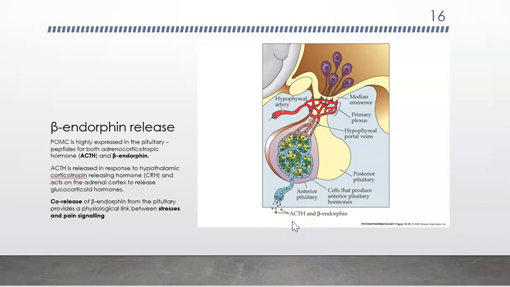So the co-release of beta endorphin from the pituitary provides a physiological link between stress and pain signaling, okay? Because if one's released, the other's also released. So this is a great starting point for researchers who were asking, what is this relationship? Why is there such a strong correlation between stress and pain? And now we know it's because of the co-release of these two hormones.